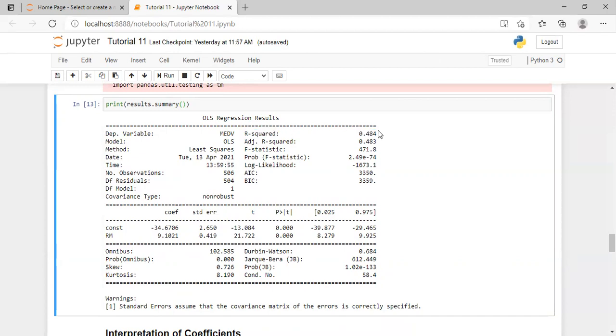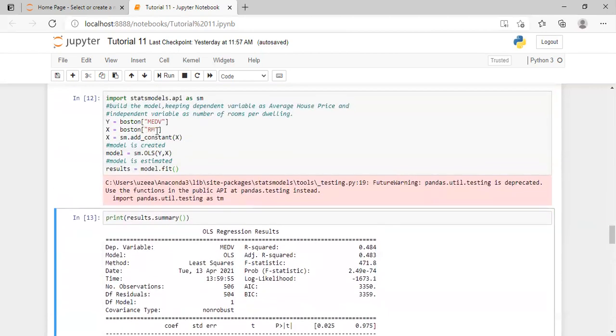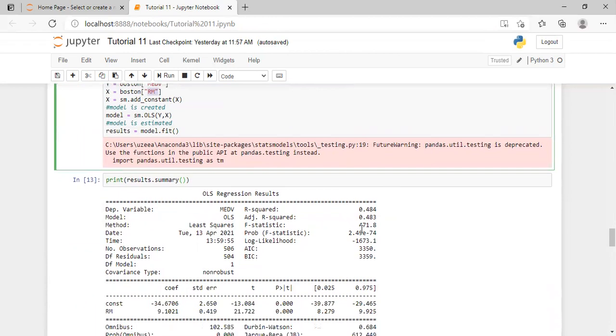So around 48.4% of the variation is described by the variable rooms per dwelling. This is how we interpret the R squared, not the adjusted R squared. We cannot interpret adjusted R squared here.